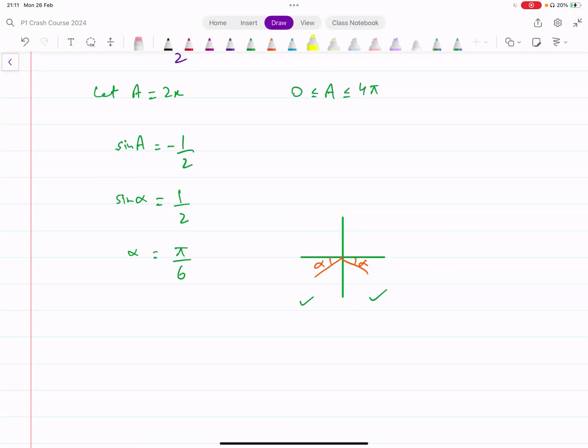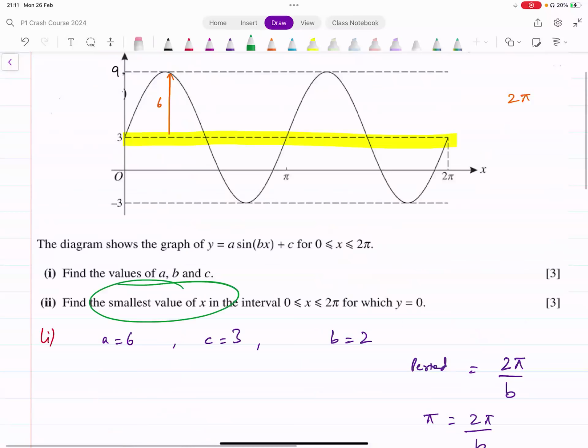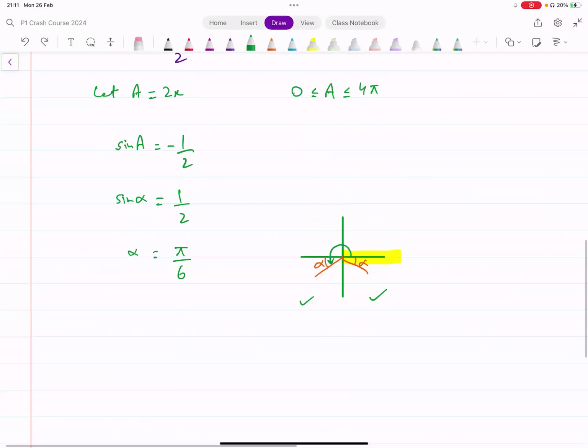You start measuring angles from the positive x-axis. The interval is only positive, so you have to go in the anti-clockwise direction. The first angle that you find is this one. And that's all that you need, because we were looking for the smallest value of x. So whatever is the first result, that's going to be enough. The first result is pi plus pi over 6.